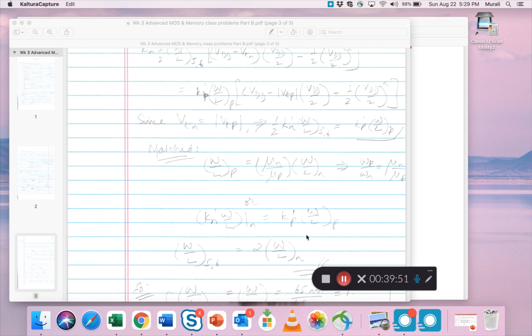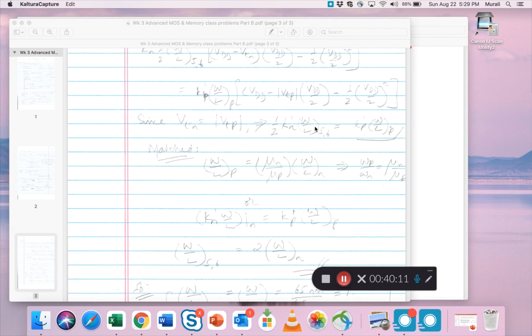That we know. So in this equation, if you take this portion, which is Kp prime W by L, and replace it with this portion, put it here, take this, put it here, then you have two equations which have Kn prime on both sides.